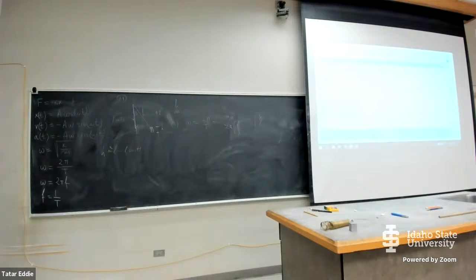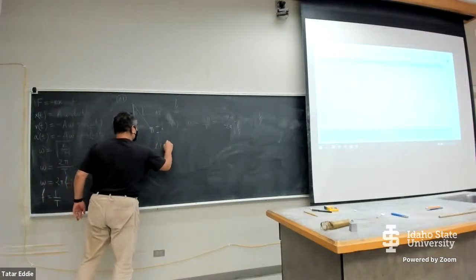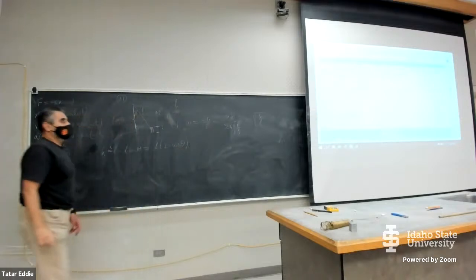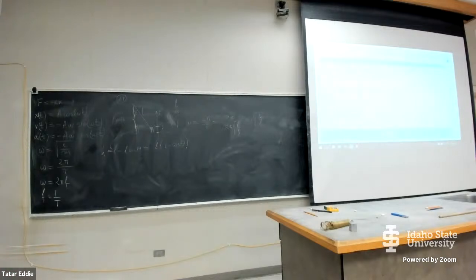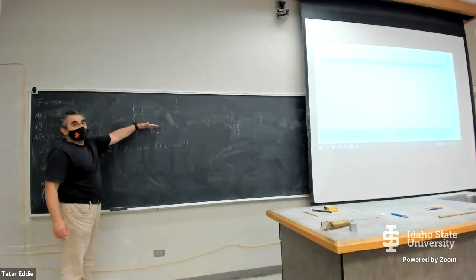And look, in algebra, you always have to write things in a way that is not shorter, but more neat. And look, this is the maximum displacement of this mass.